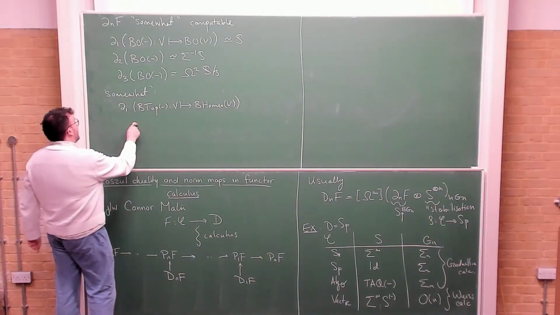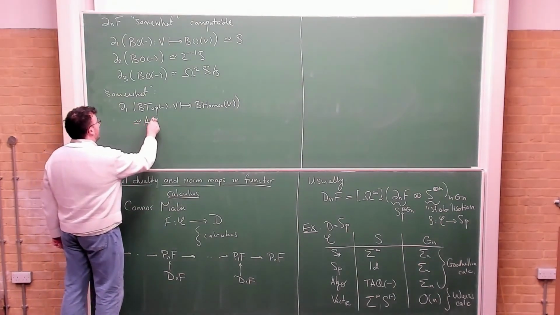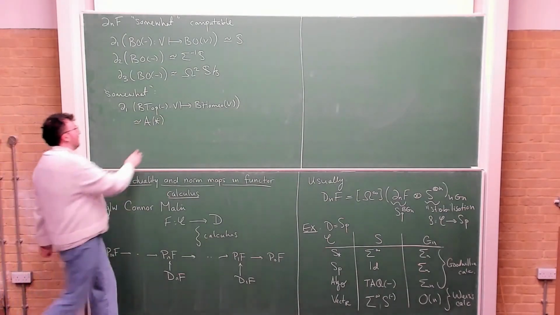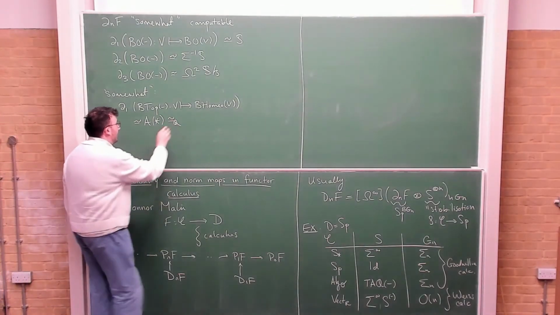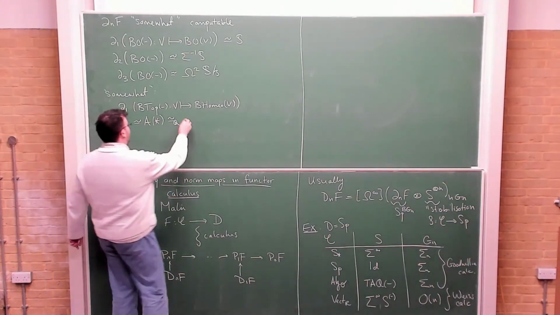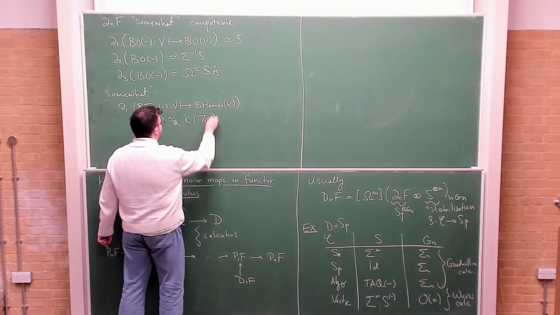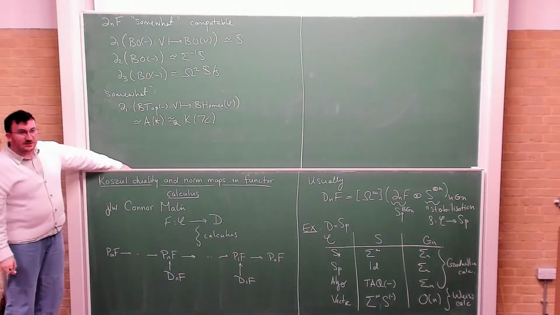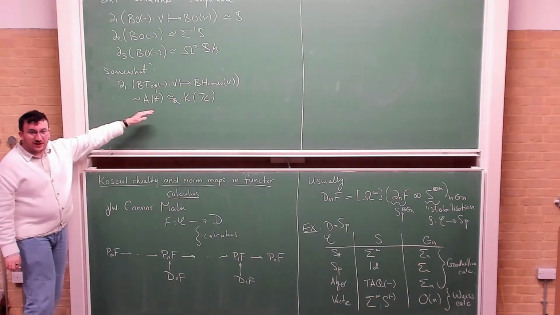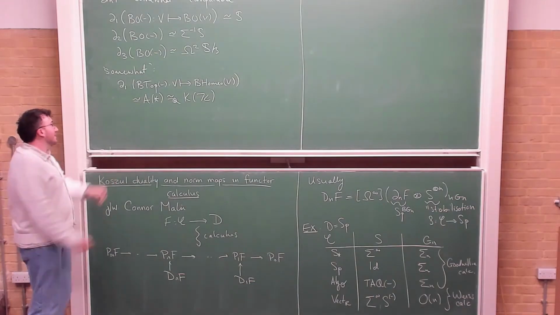It turns out that the first derivative of BTop is the K-theory of a point. And so rationally, it is the algebraic K-theory of the integers. So, okay, the first one of this is pretty bad. You can ask me what the second one is, and the answer is no.